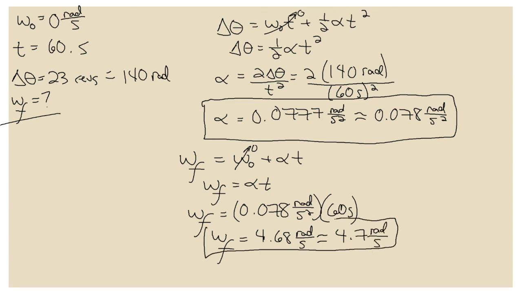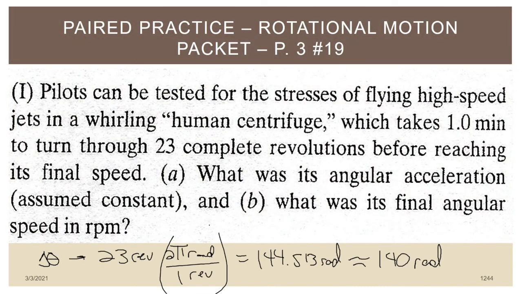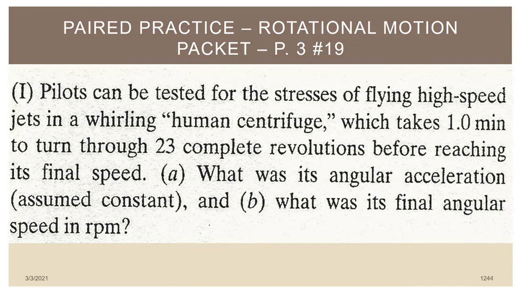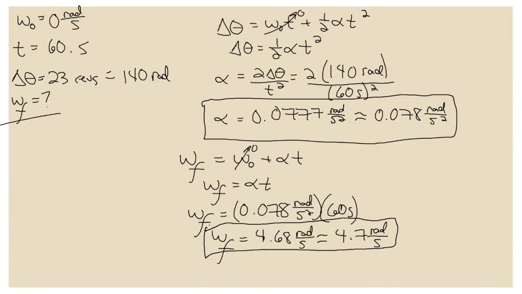And of course, that's not it, because the problem says, what is the final angular speed in revolutions per minute? And so now we have to go and convert it back. And what you'll notice here when we go and convert it back is the answer is pretty straightforward, I think. We end up getting 4.7 radians per second.